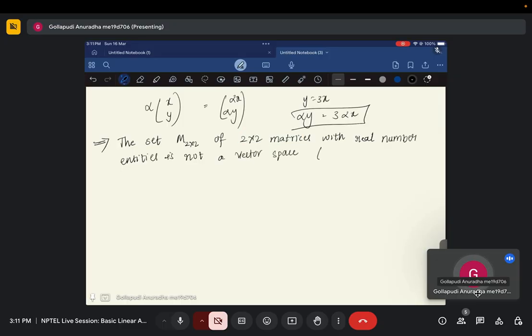Tell me whether this is true or false. False. It is a vector space.